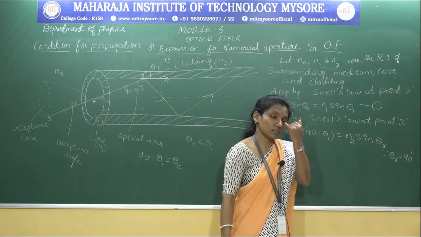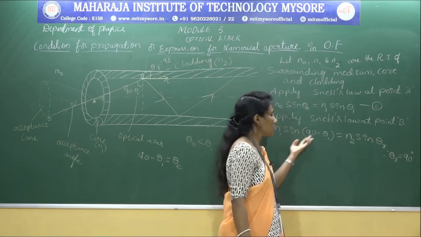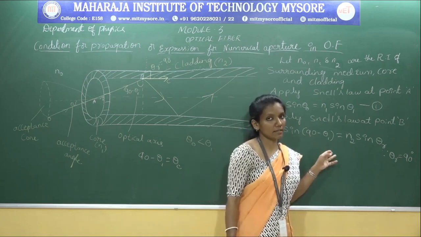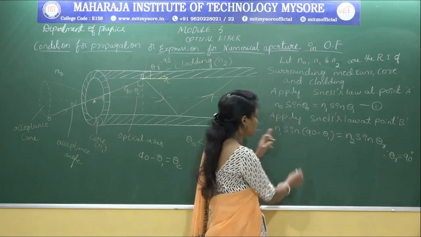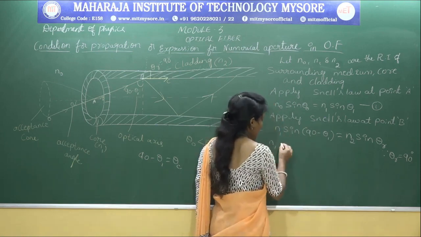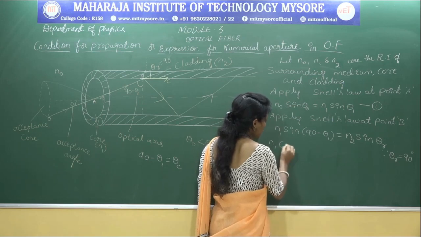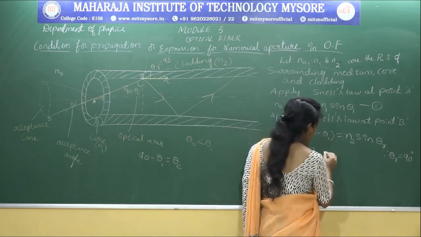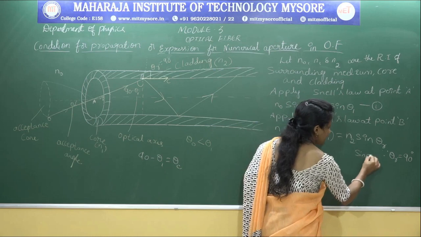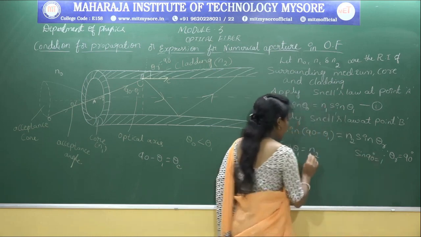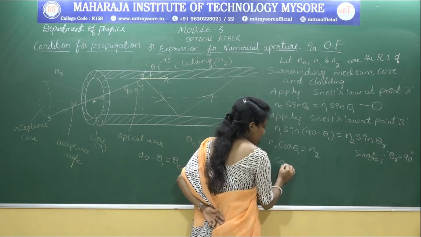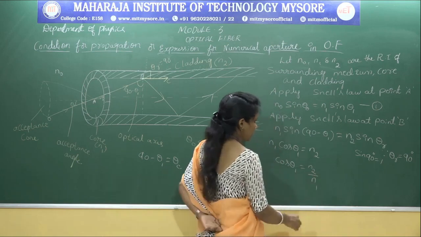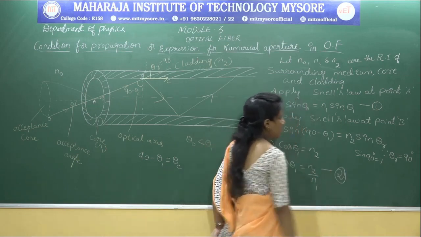Sine of 90 minus theta 1 is equal to cos theta 1, since sine becomes cos. So n1 cos theta 1 is equal to n2, as sin 90 degrees is 1. Writing in terms of cos theta 1, cos theta 1 is equal to n2 by n1. Name it as equation 2.